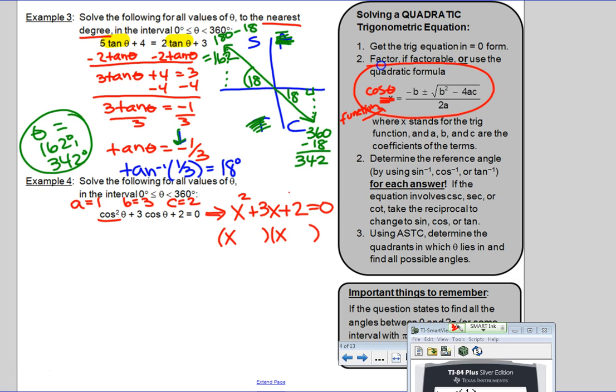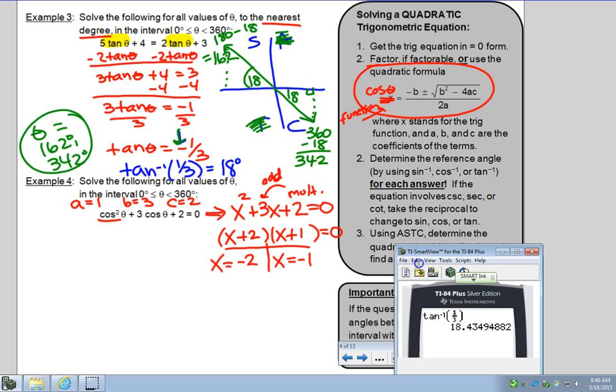They multiply to 2 and add up to 3. So x plus 2, x plus 1. All right, so setting both equal to 0, you get x is negative 2 and x is negative 1.